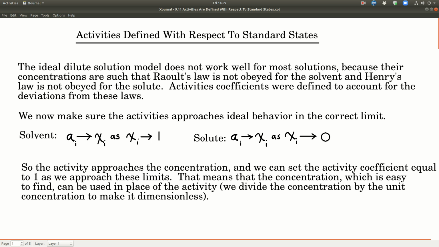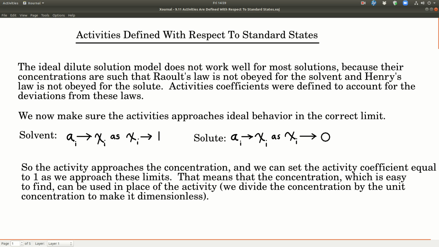And so in these limits, the activity becomes close to being equal to the concentration, and we can just use the concentration. We're setting the activity coefficient equal to 1 in these limits. And that makes things a lot easier, because it's usually a lot easier to find the concentration than it is to find the activity of a species.